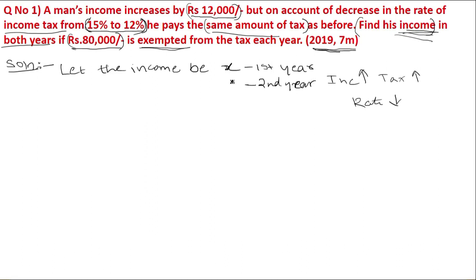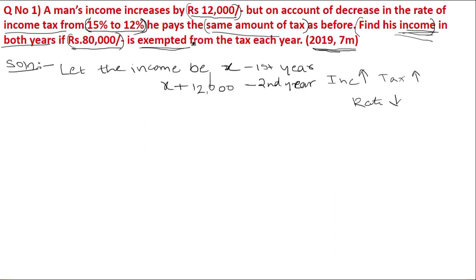See, first year income is X. You see here, second year income, what they have told, it is increased by 12,000. So second year income will be X plus 12,000. Correct? Why did I get X plus 12,000? Because they told it is increased by 12,000.